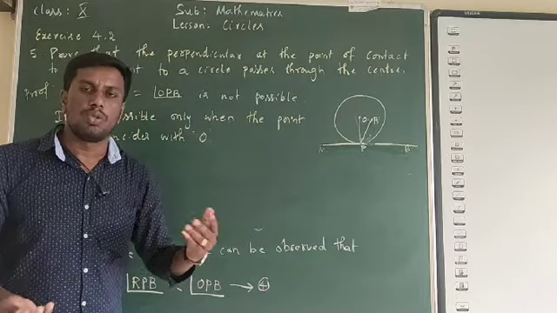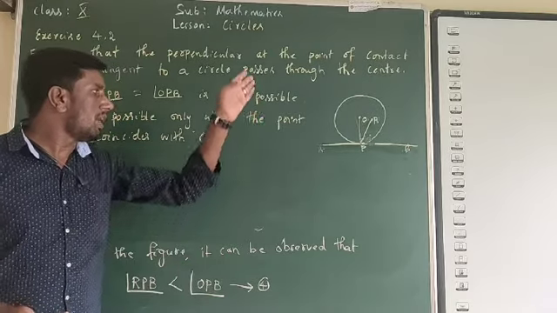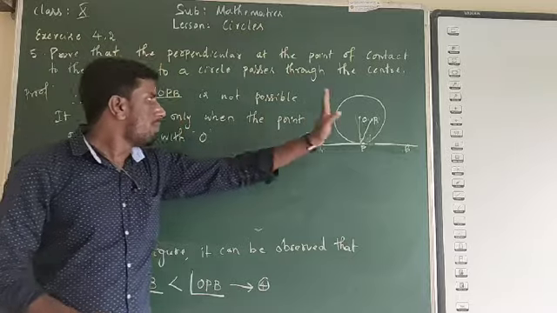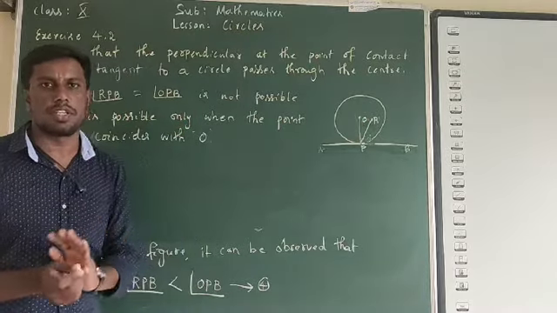That is wrong. So therefore, the line perpendicular to the tangent must pass through the center. That is the correct statement.